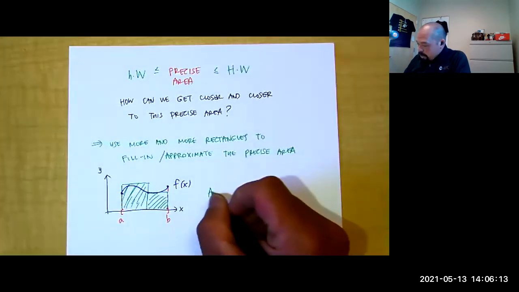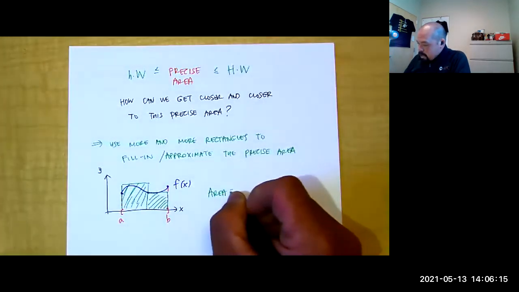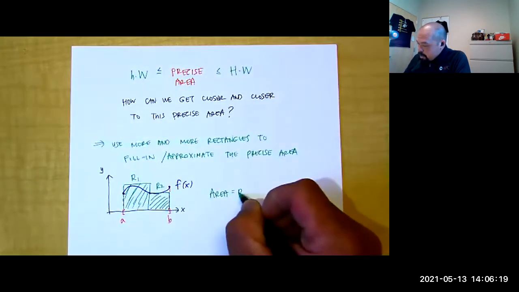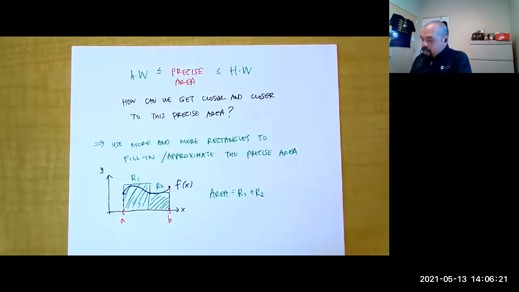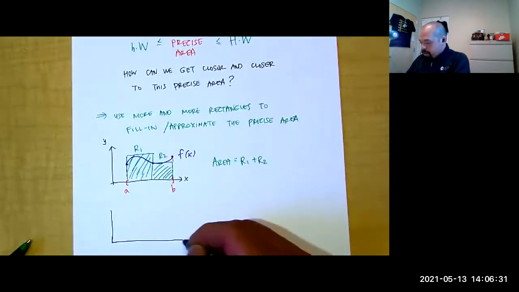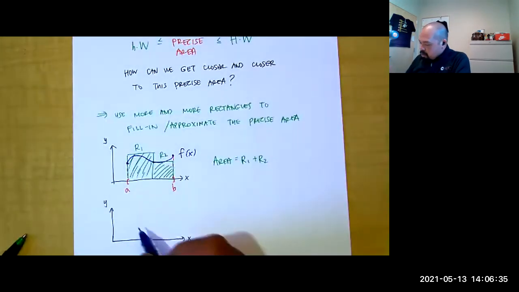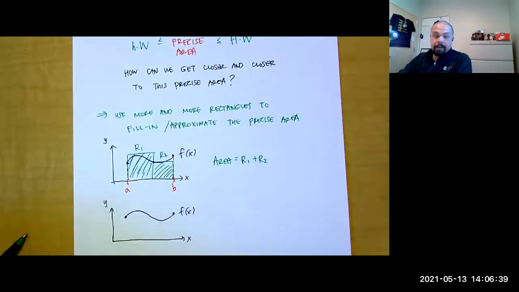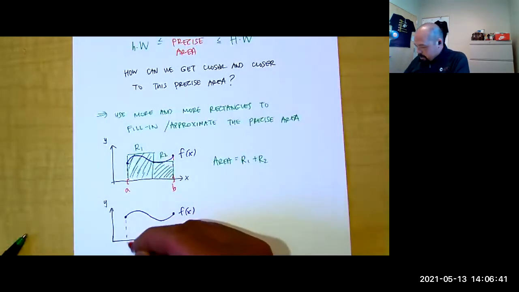In this case, our area is going to be the areas of our two rectangles put together. A little bit better approximation. Okay, well, that works. Considering that, what if we use more rectangles still?